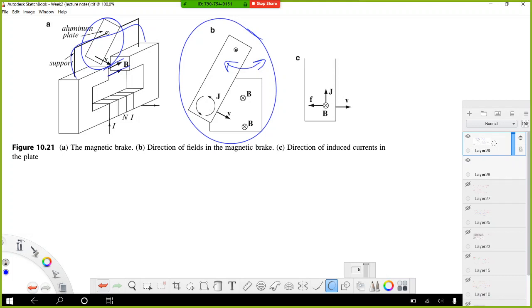So if the current in the electromagnet I is zero, the oscillation of the pendulum is not affected by the structure. In other words, if the current is zero, the magnetic flux density will also be zero, and our pendulum is not affected by this structure.